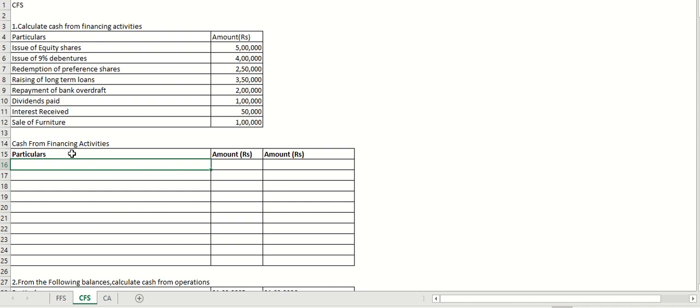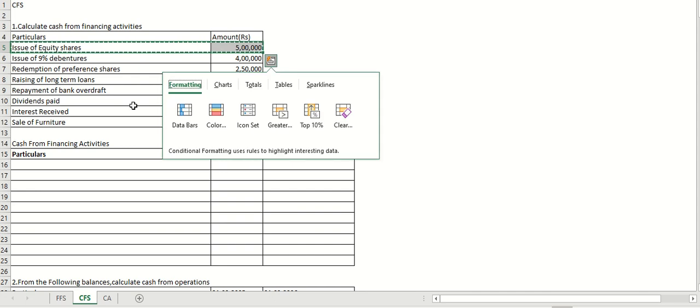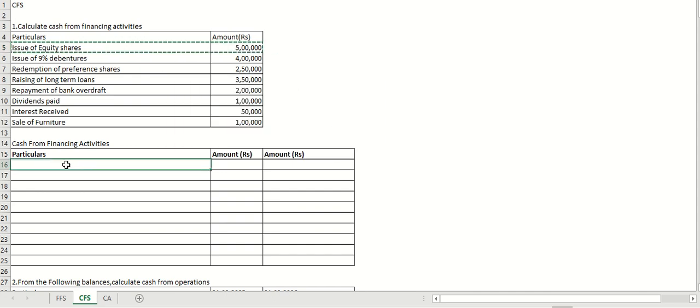So we'll start with the solution. Cash from financing activities, under that the first one is issue of equity shares. Issue of equity shares is 5 lakhs. It is an inflow. Issue of debentures also is an inflow, which comes under here.